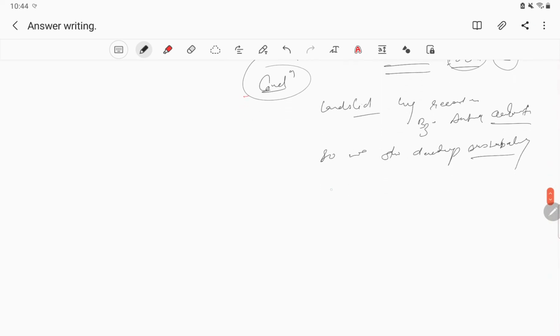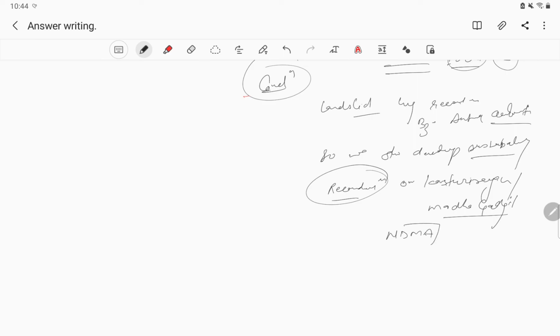In this context, the recommendations of this very important committee, that is Kasturirangan committee, or we call them Madhav Gadgil committee, and the guidelines of NDMA. There are very famous guidelines of NDMA which should be implemented. आप 2-3 लाइन्स इसमें से कंक्लूजन का लिख सकते हो.